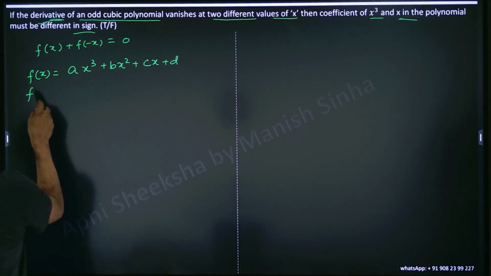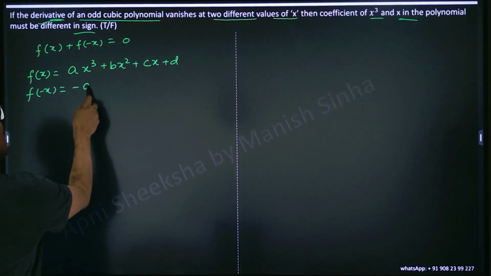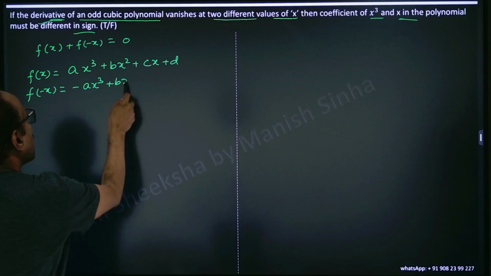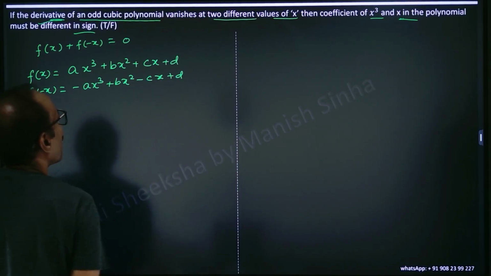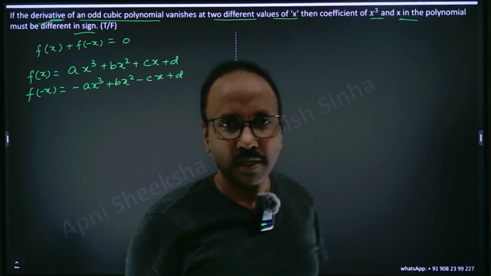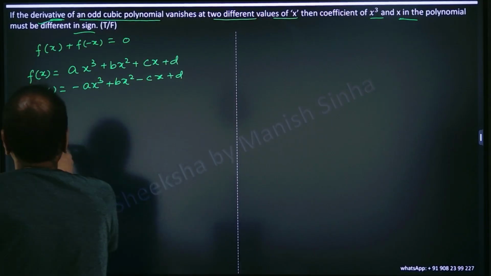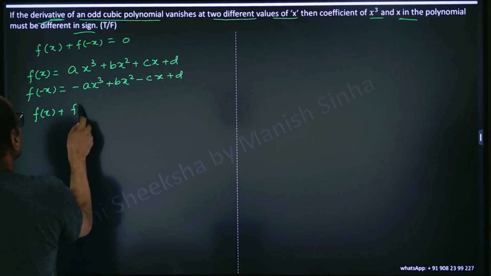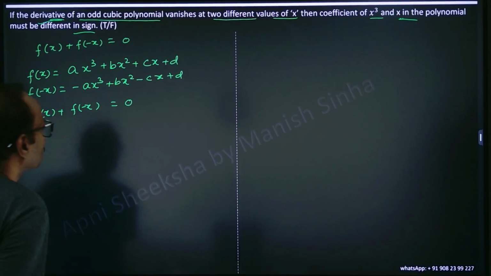What will be f(-x)? And since it is an odd cubic polynomial, when we sum these two together, it should be 0.